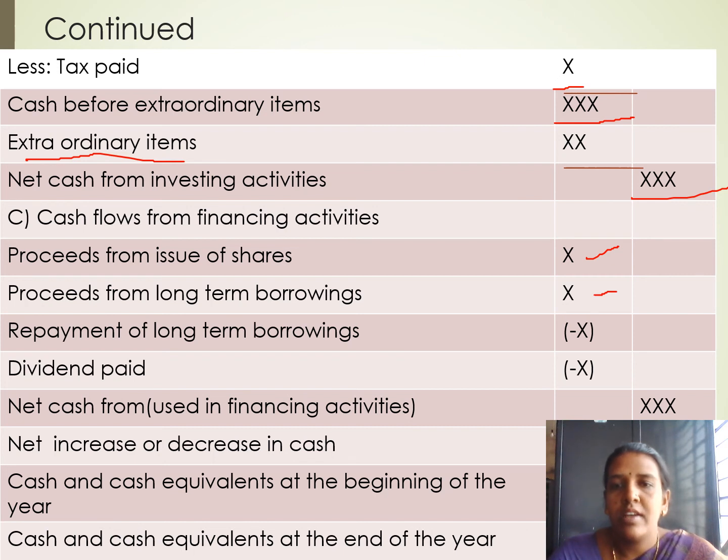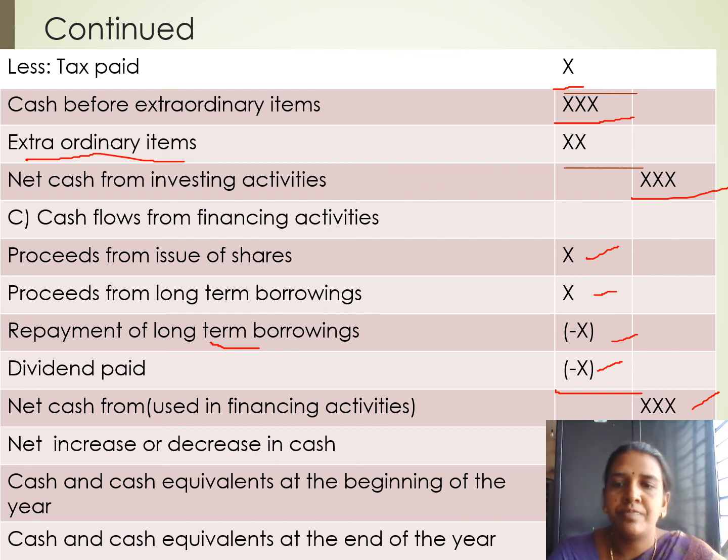Then by repaying the borrowings, the cash will flow out of the business organization. So we have to record it with a negative sign. Then by paying dividend, cash will flow out of the business organization. Again we have to deduct it, and the resultant figure is cash from financing activities.